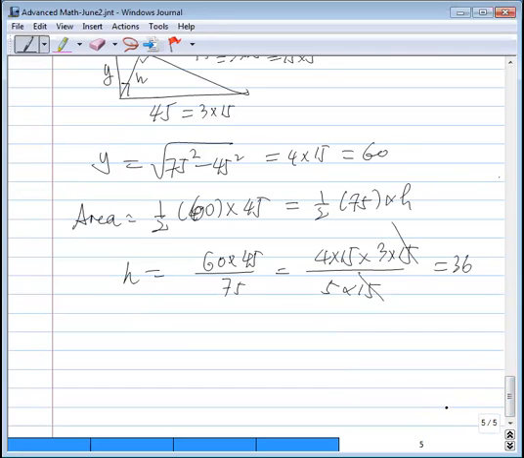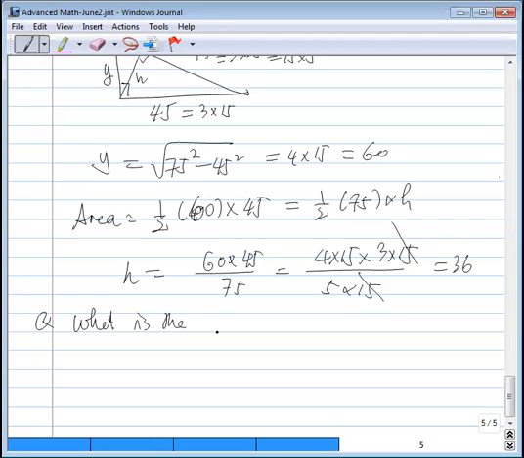Now our next problem. Our next problem is a number series problem.